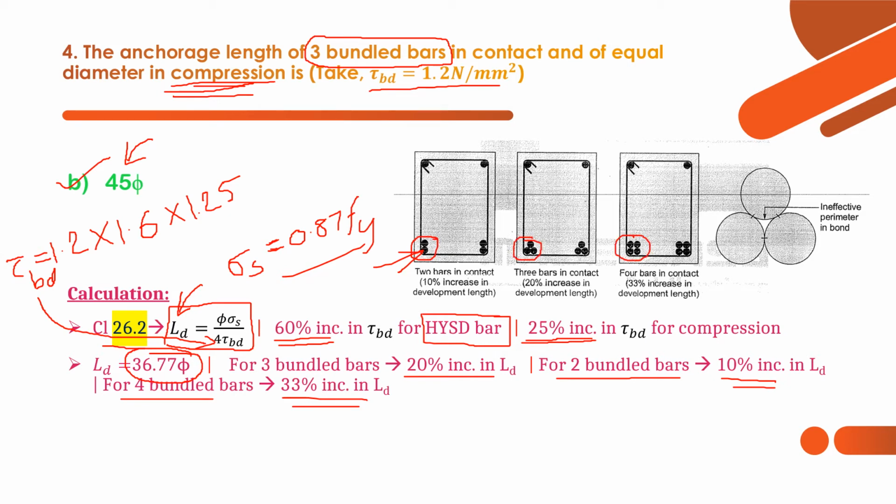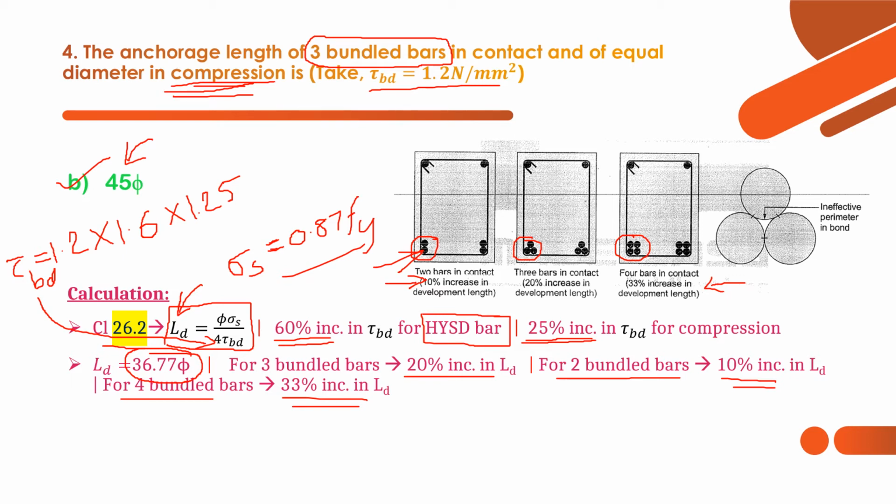In case of 4 bars in contact, we have to increase 33% in development length. In case of 3 bars, like here in this question, we are increasing 20% in development length. In case of 2 bars in contact, we have to just increase 10% in development length, that is LD. These are some important things about development length and anchorage length.